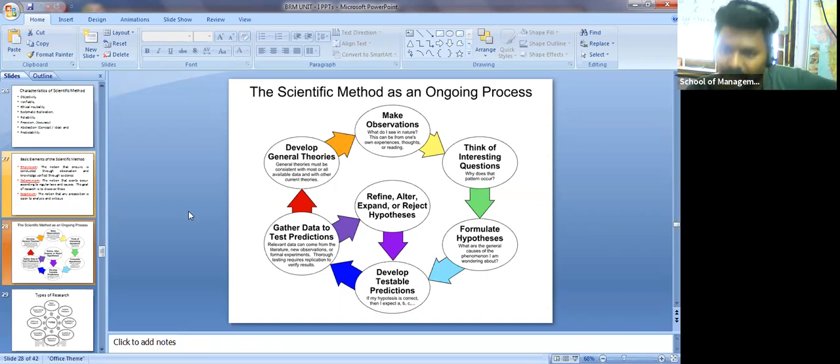Now once you think of and come up with different types of questions, then based on that you formulate a hypothesis. So what is that hypothesis which you are assuming? Maybe because of this it happened, maybe because of this it did not happen, maybe because of this element it happened. So it is your assumption, or maybe a statement. You are stating one statement.